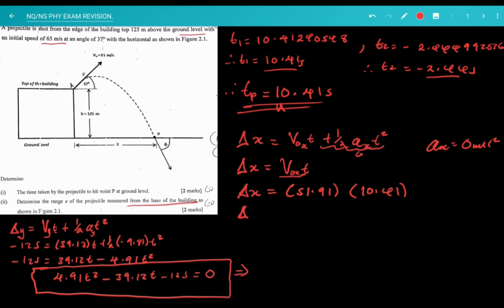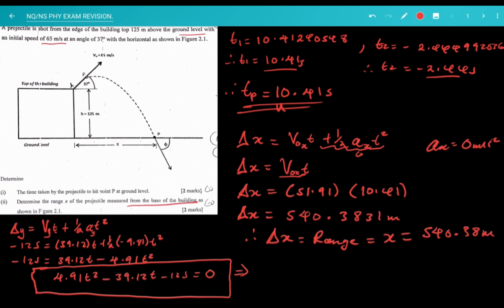If we punch this into our calculator, we'll get a value of 540.3831 meters. Therefore, the range, delta x, which is x in this case, is equal to 540.38 meters. And that is our range value.